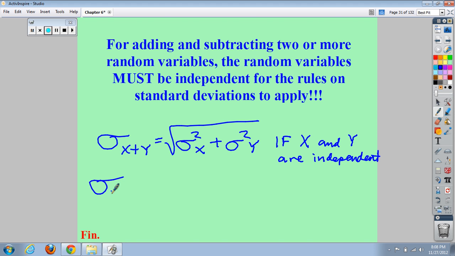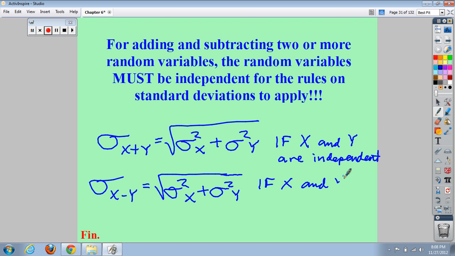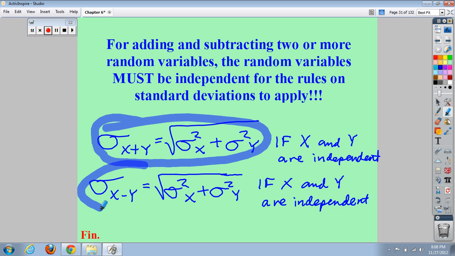And the only time you may subtract the combined random variable. And again, it's the same exact formula. Whether you're adding or subtracting, it's the same thing. But again, it's only if x and y are independent. If there's no mention of x and y being independent, you can still calculate the mean, but you may not calculate the standard deviation.